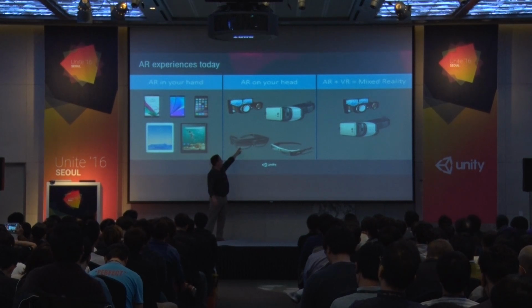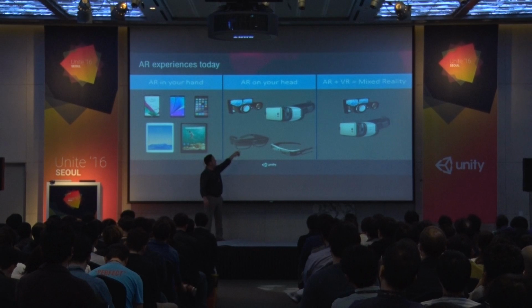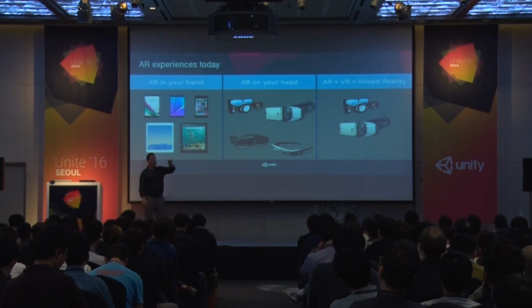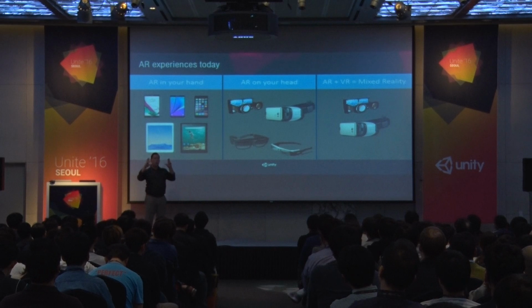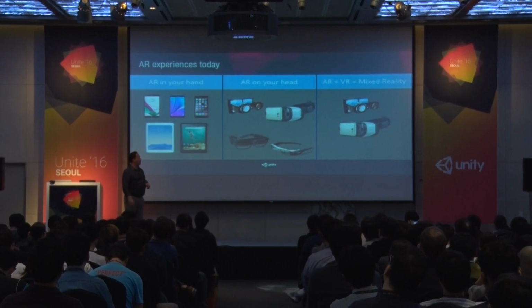You can see that you actually look through these lenses. That's the BT200. This is the ODG R6. And we also introduced support for Gear VR, which is by Samsung, and other forms of what are called viewers in the cardboard vernacular, which is like a harness that holds a phone. And again, it's used for video see-through eyewear.